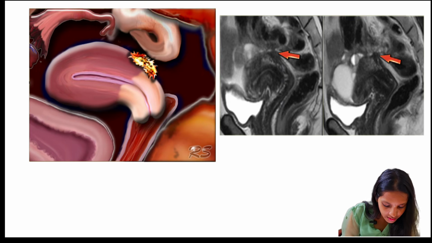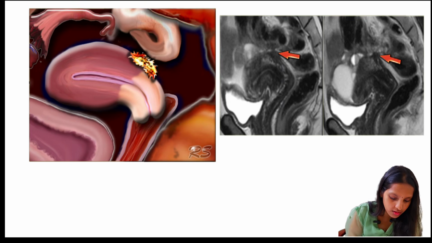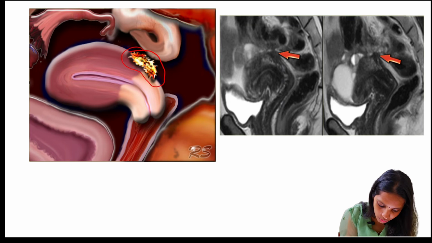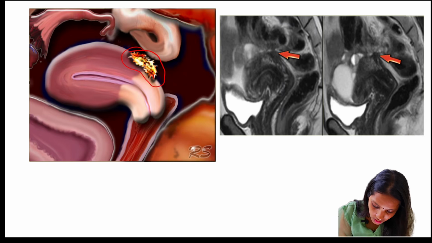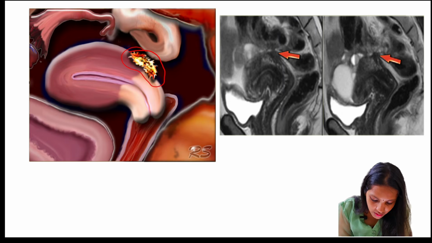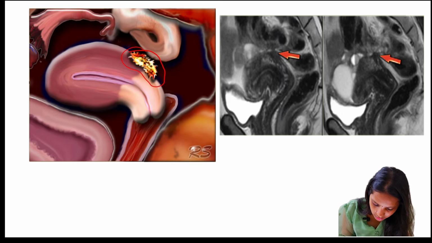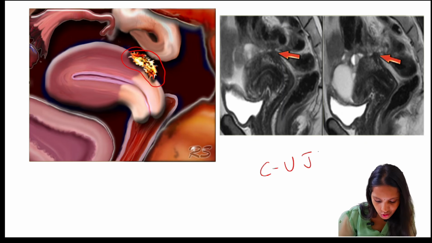The next entity is the torus uterinus. This forms the most important for the diagnostic workup. Here we can see the torus uterinus is at the intersection between the uterine and the cervix part, so you can find it at the cervical uterine junction.